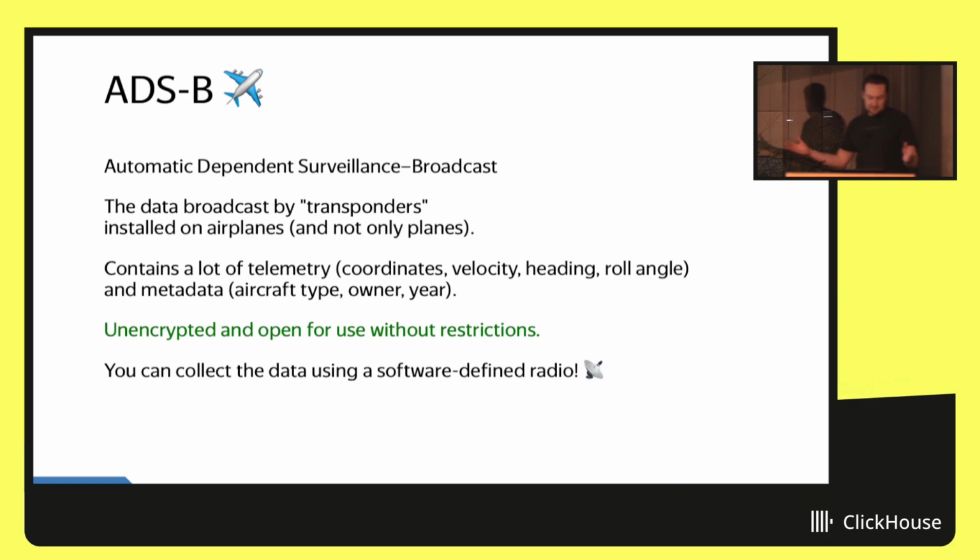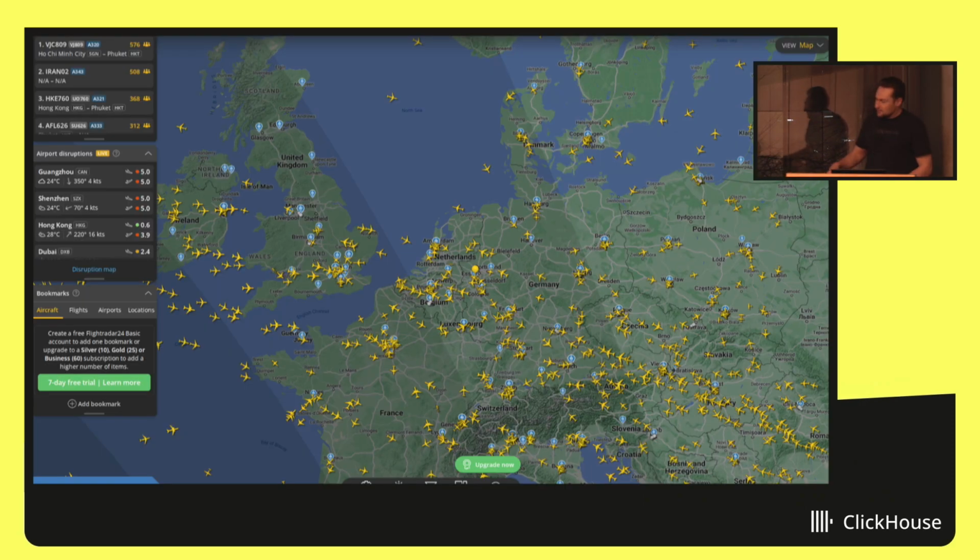You can collect it just from software-defined radio. You can decode it, store it, and it will look like this. There are plenty of websites like Flight Radar 24 with this data.